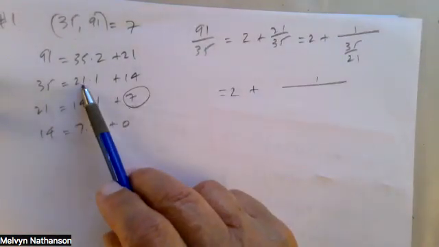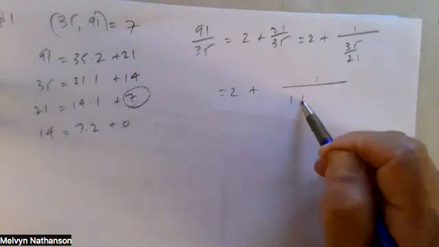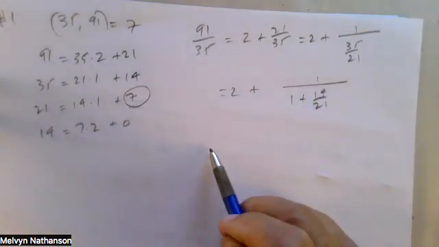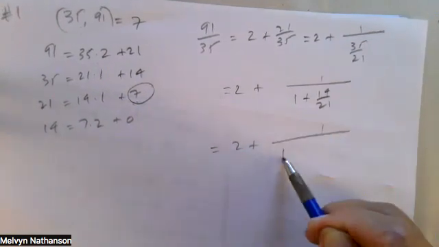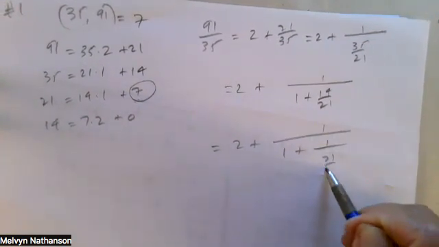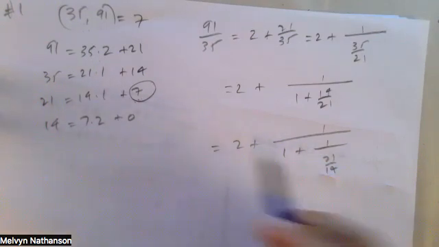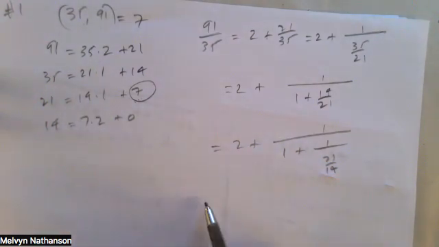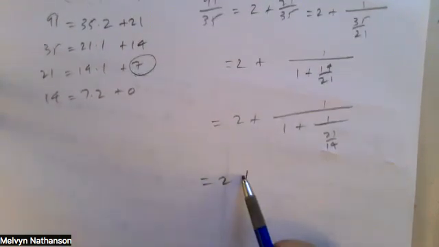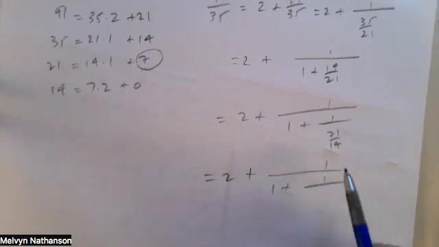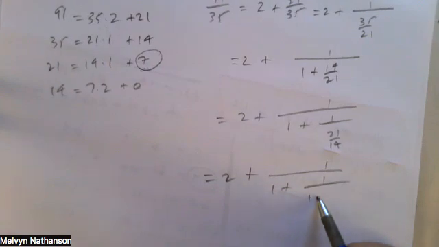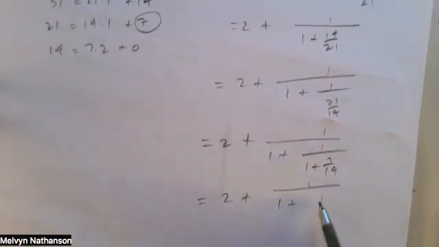If I take the second equation and divide by 21, I get 1 plus 14 over 21, which is 2 plus 1 over 1 plus 1 over 21 over 14. And if I take the third equation, 21 over 14 is 1 plus 7 over 14, which is 2 plus 1 over 1 plus 1 over 1 plus 1 over 2.